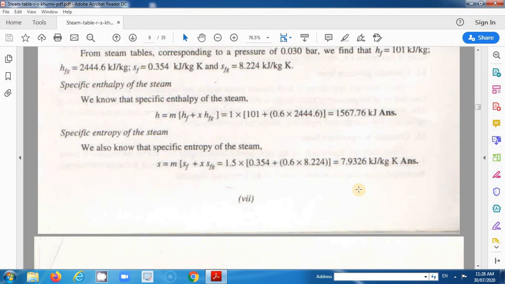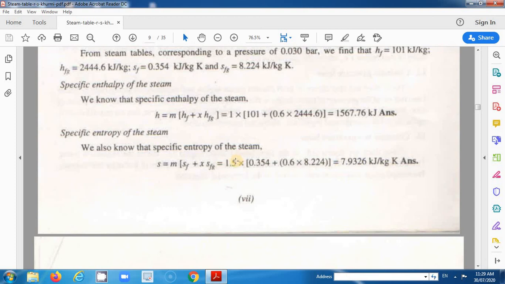Here the author has taken the mass equal to 1.5 kg. Already we have extracted the values of SF and SFG, and X is equal to 0.6. We know that the specific entropy of steam S is equal to mass into bracket SF plus X SFG.